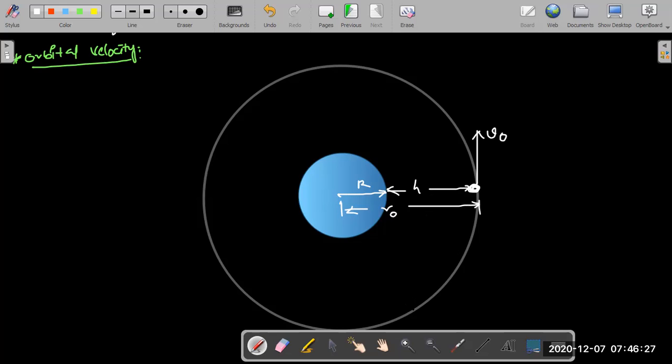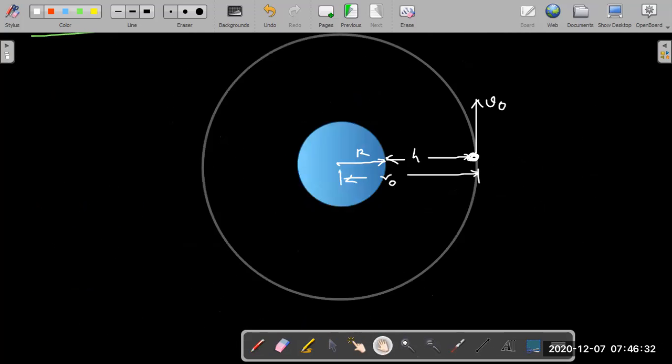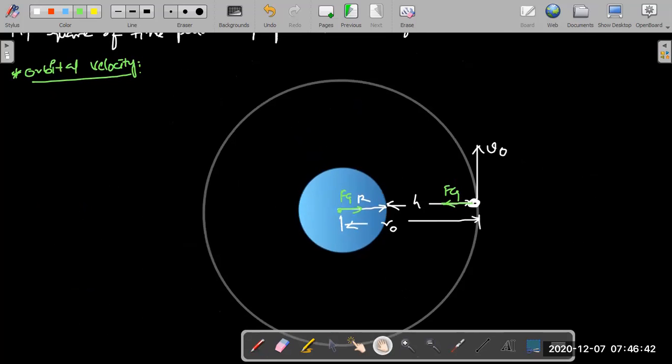Now, if you want to calculate orbital velocity, here itself we have done the same logic. If something is revolving in a circular path, definitely someone must exert the necessary centripetal force. So this is Fg.